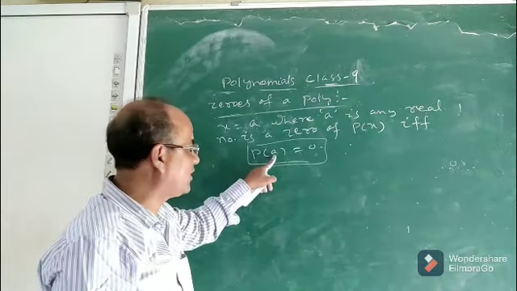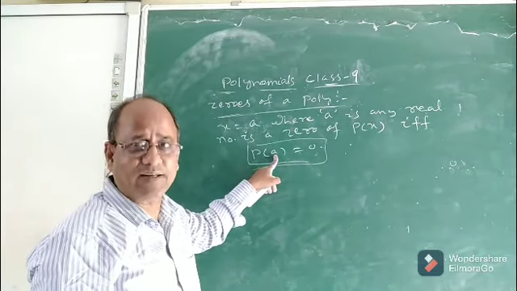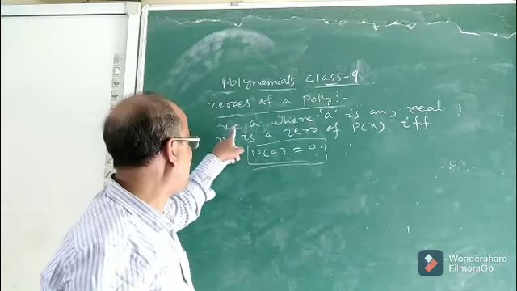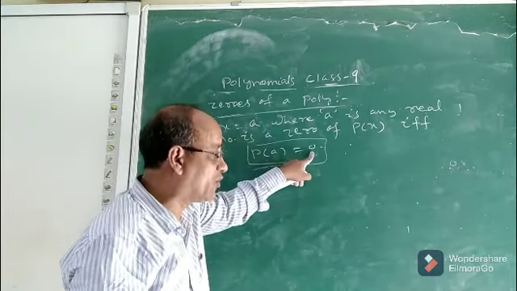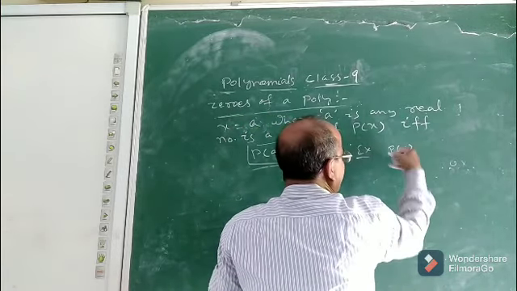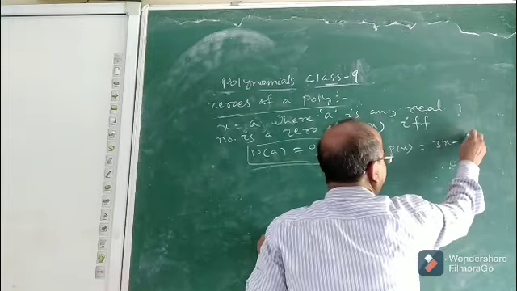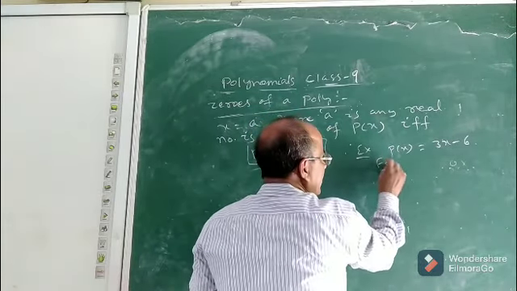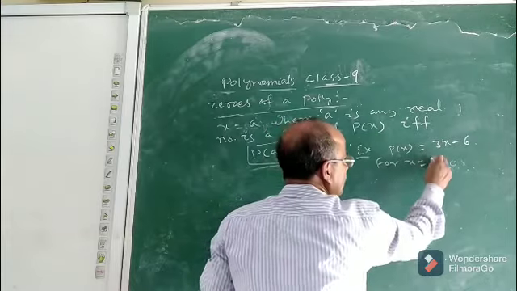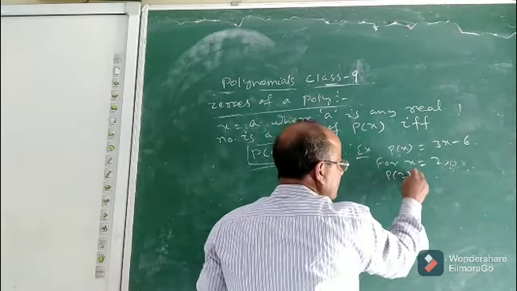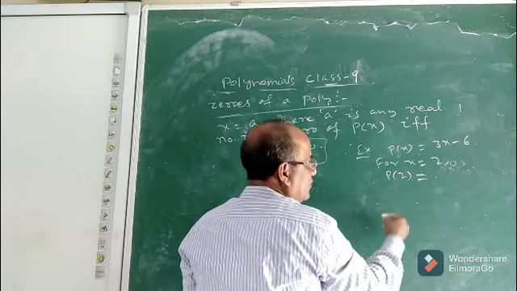If the value of the given polynomial at x equal to a is 0, then x equal to a is a zero. I am giving another example. Suppose you are given a polynomial 3x minus 6. For x equal to 2, find out p of 2, the value of the polynomial at x equal to 2.